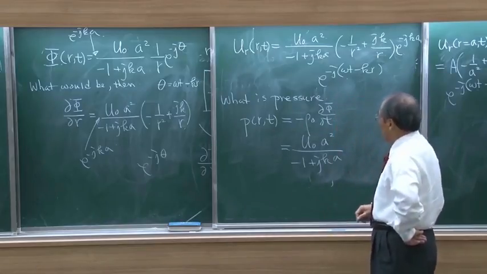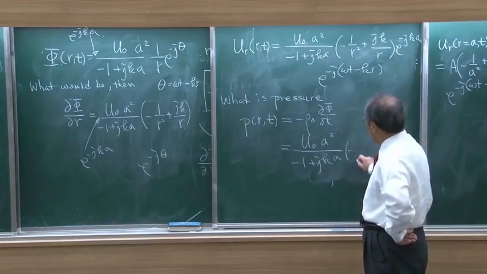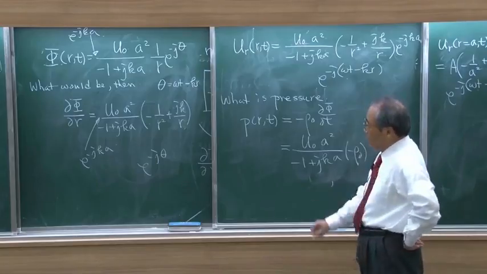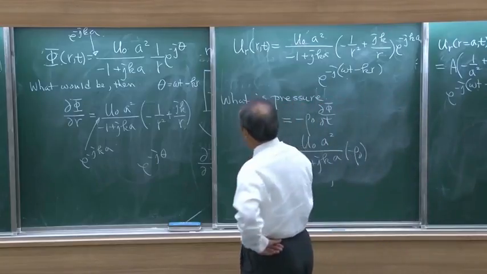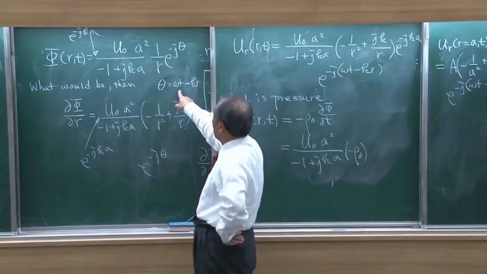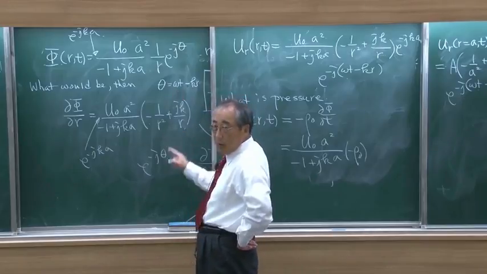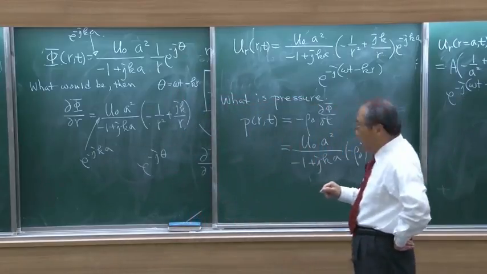And then taking a derivative with respect to time, I have rho 0 over here. And taking a derivative with respect to time will give me minus j omega.